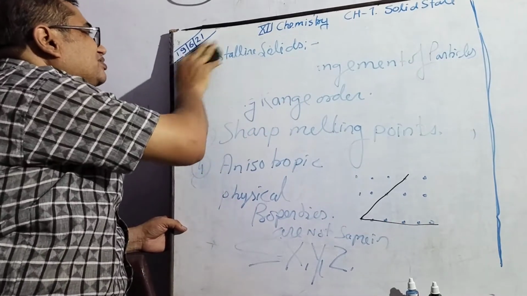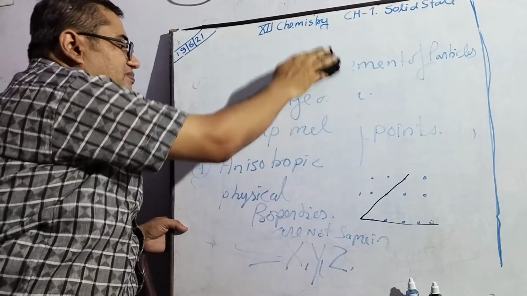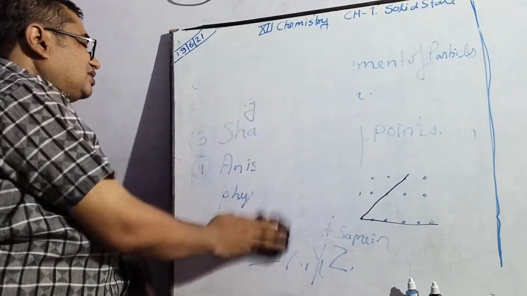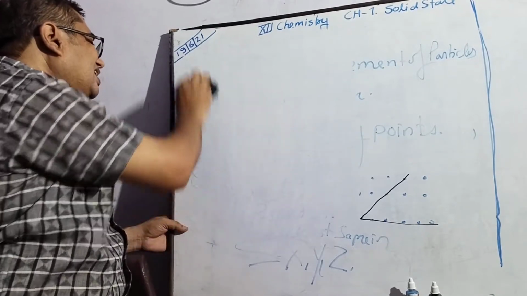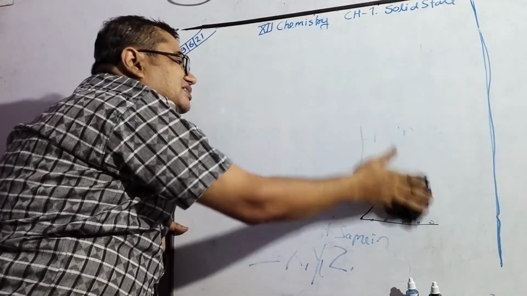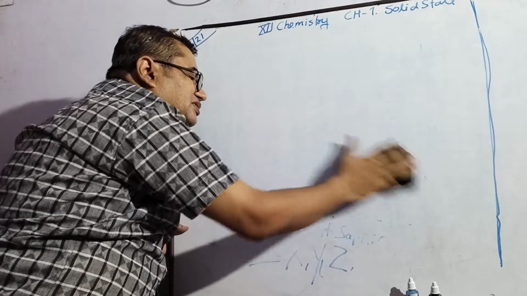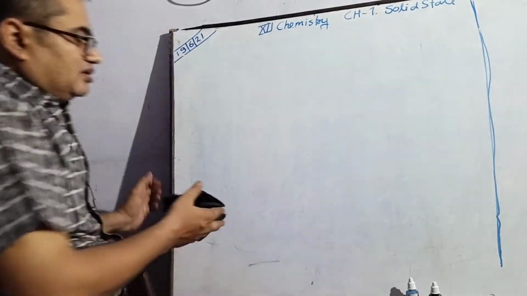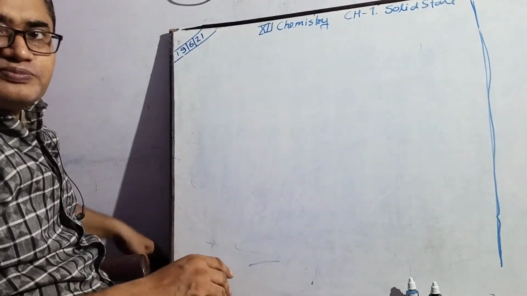Now we move on to amorphous solids. These are very important, and in this chapter we will discuss only the properties of amorphous solids and discuss crystalline solids in detail.